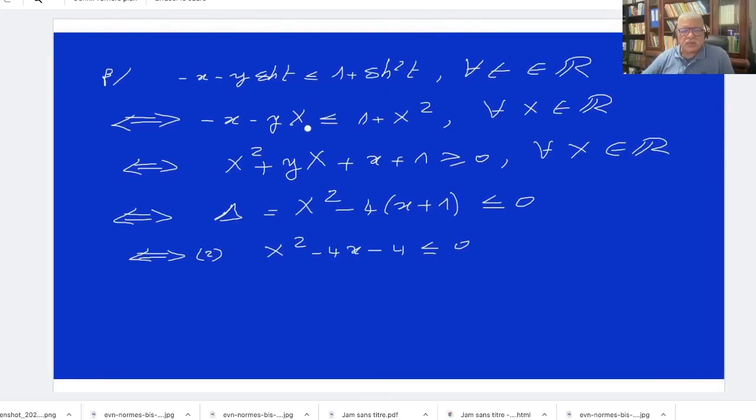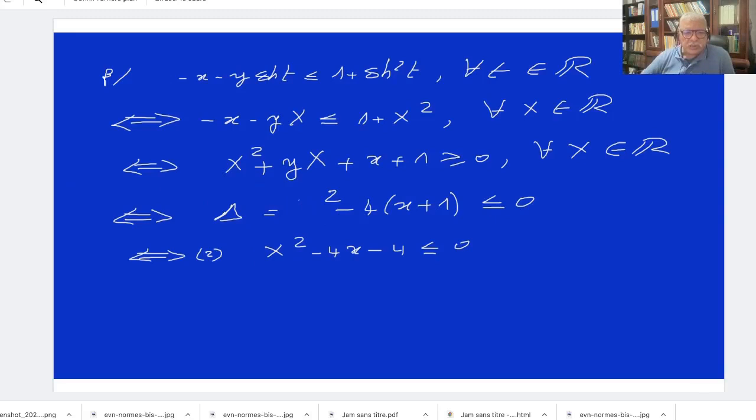We obtain the trinomial X squared plus y capital X plus small x plus 1 greater than or equal to 0 for any X in R. This is equivalent to saying that its discriminant is negative or 0, so y squared minus 4x minus 4 is less than or equal to 0.